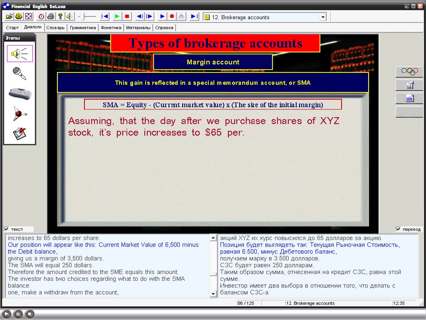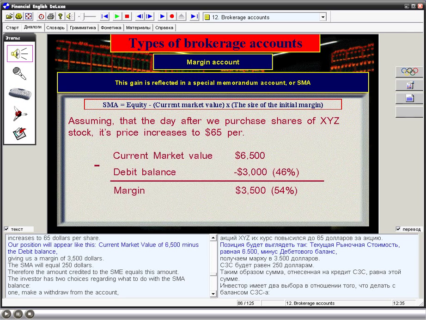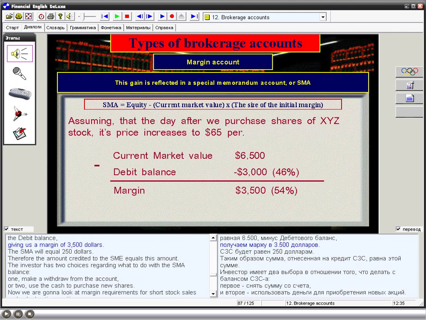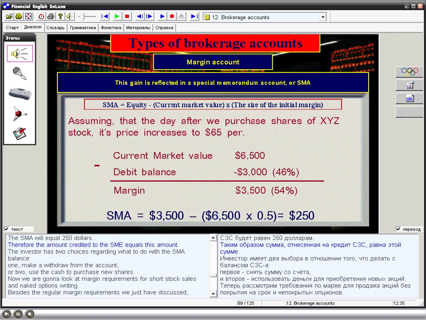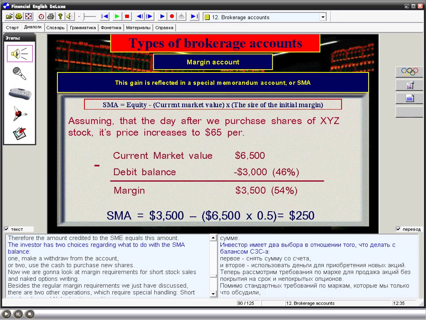Therefore, the amount credited to the SMA equals this amount. The investor has two choices regarding what to do with the SMA balance. One, make a withdrawal from the account. Or two, use the cash to purchase new shares.